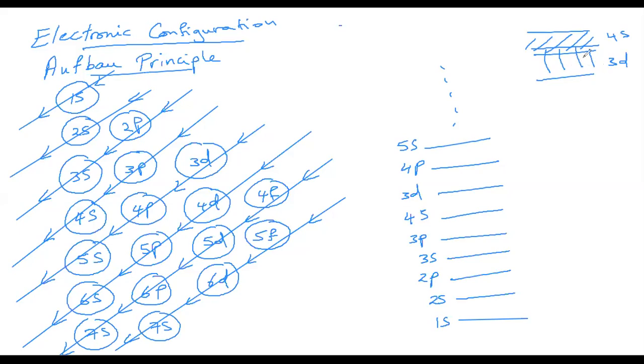The 4s has a lower energy than the 3d. They are overlapping, but the 4s is usually filled first not only because they are overlapping, but there are other reasons.